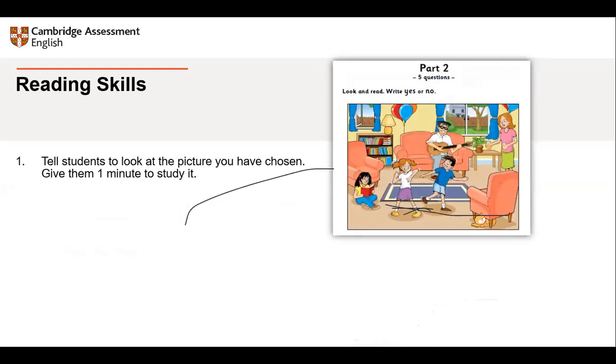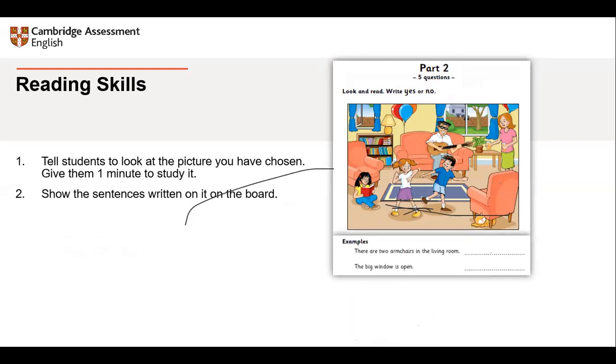And in remote teaching, if you do synchronous, you have the opportunity to tell the students to look at the picture and then give them some time to study the picture. Then later, you show the sentences about the picture, and then you get the students to read the sentences and decide whether they are right or wrong, yes, no.